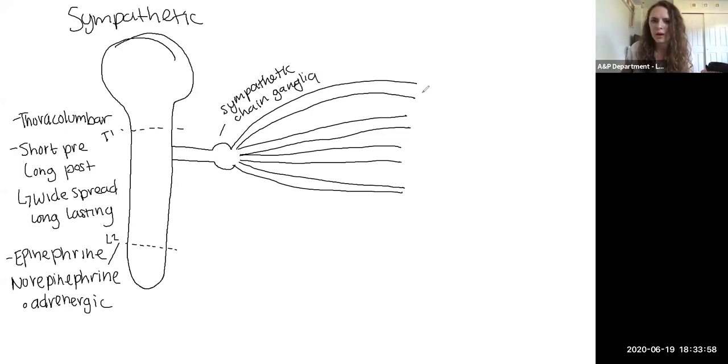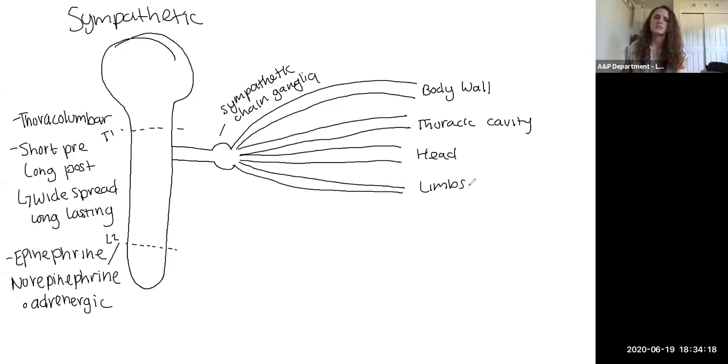It goes to your body wall, your thoracic cavity. So think about your thoracic cavity, what's inside there, your heart and your lungs, your head, and your limbs. Your sympathetic chain ganglia go to your body wall, your thoracic cavity, your head, and your limbs.